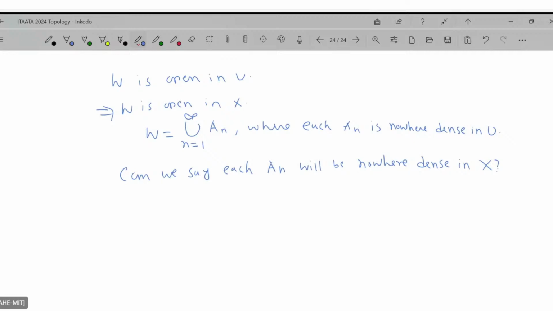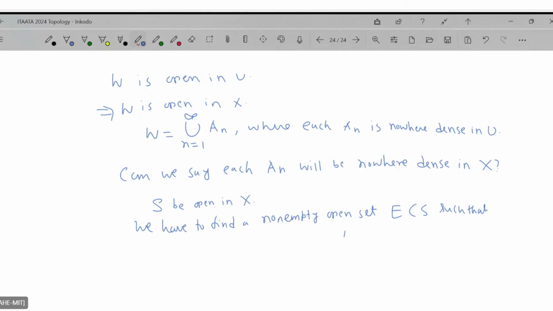So let's say H be open in X. We have to show that there exists a non-empty open set E of H such that E intersection AN equals phi.